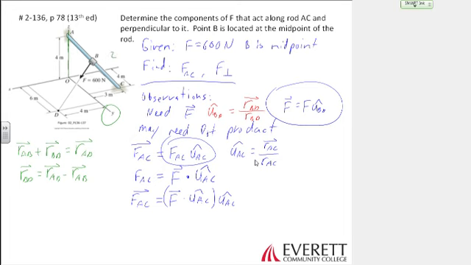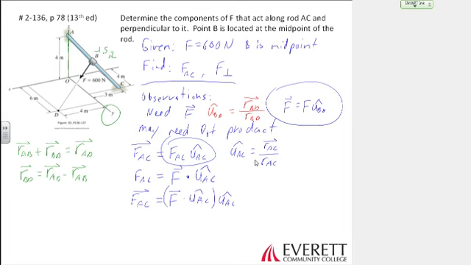What's the x-coordinate? 1.5. And how did you get that? 3 divided by 2. The x-coordinate of A is 0. The x-coordinate of C is negative 3. So if we take that x-coordinate of C, we know that it's negative 1.5. We're dividing it by 2 because we know B is the midpoint.